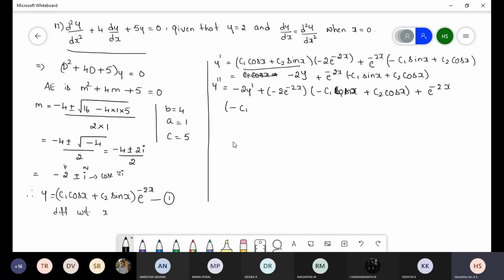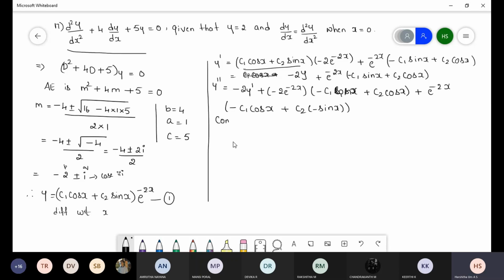Differentiation of sin x is cos x, plus C2 into differentiation of cos x is minus sin x. So this is the equation.